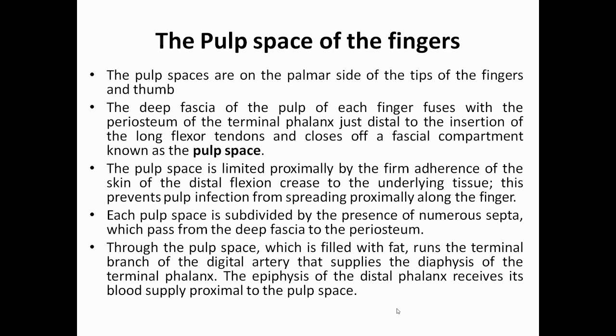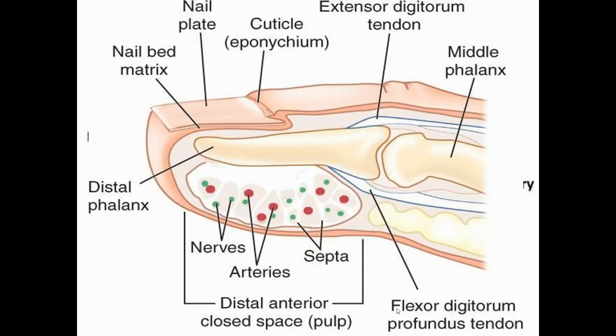Through the pulp space, which is filled with fat, runs the terminal branch of the digital artery that supplies the diaphysis of the terminal phalanx. The epiphysis of the distal phalanx receives its blood supply proximal to the pulp space. So we can see in this picture the closed space in the pulp.